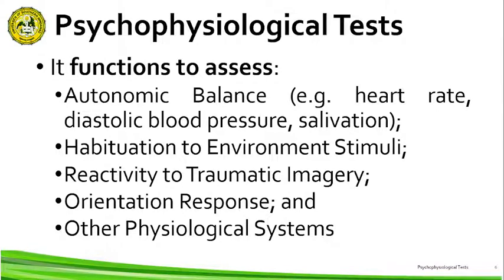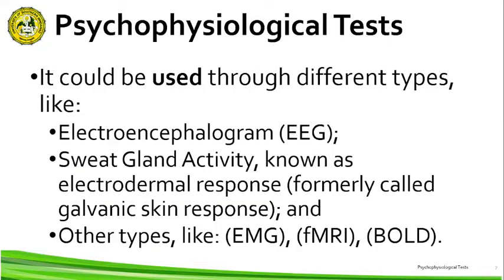First is autonomic balance, for example, the heart rate or the diastolic blood pressure, as I said in the cited example earlier, and salivation. Next is also habituation to environmental stimuli, reactivity to traumatic imagery, orientation response, and other physiological systems.